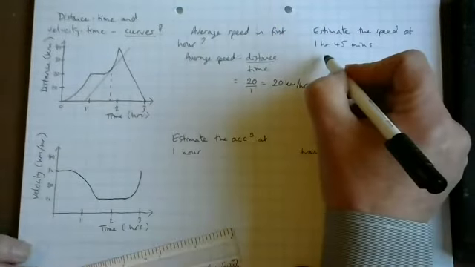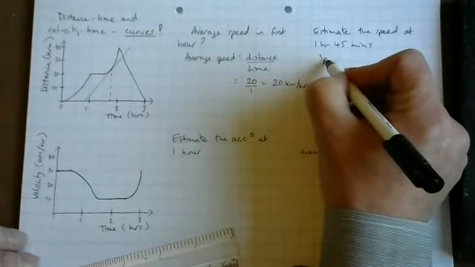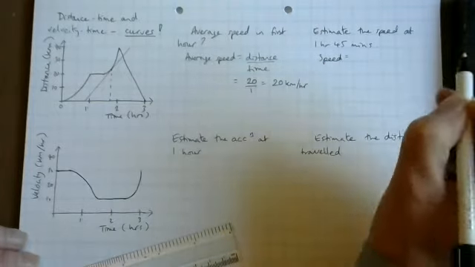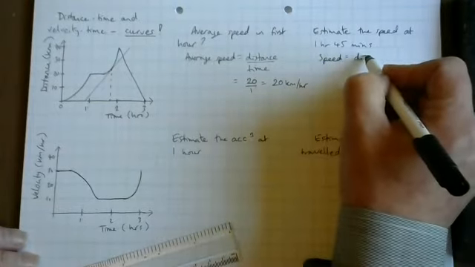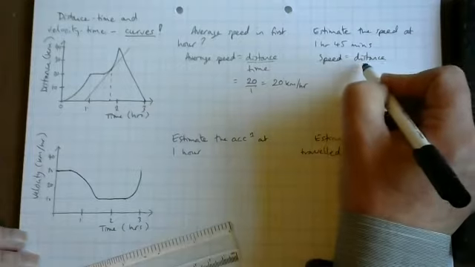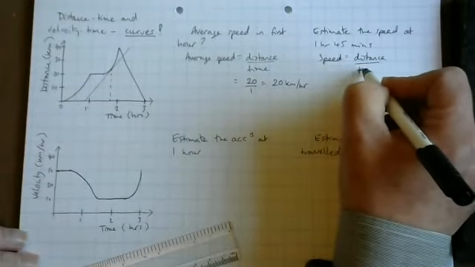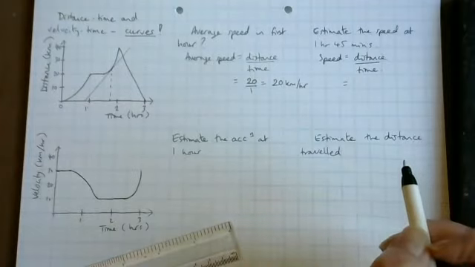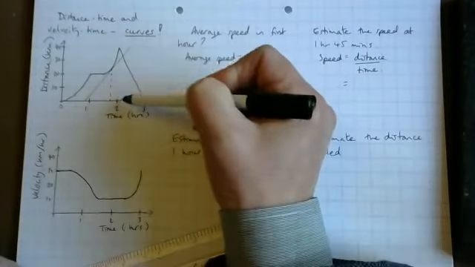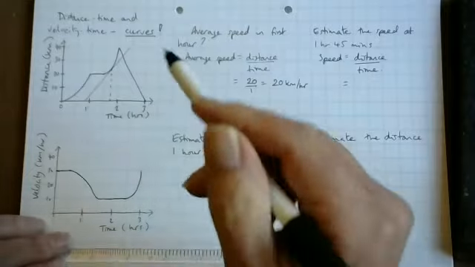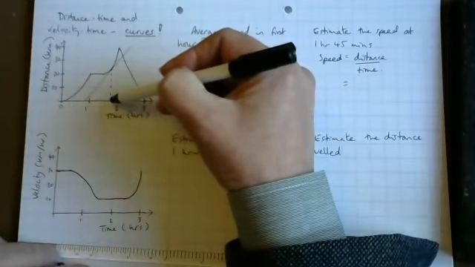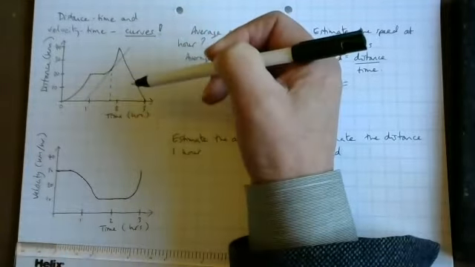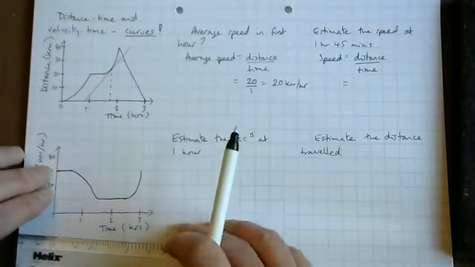The speed equals distance over time. So do we have a nice simple distance and time we can look at here? That looks to me like that's very close to 1 hour, 1.5 hours. Let's take a look at that.